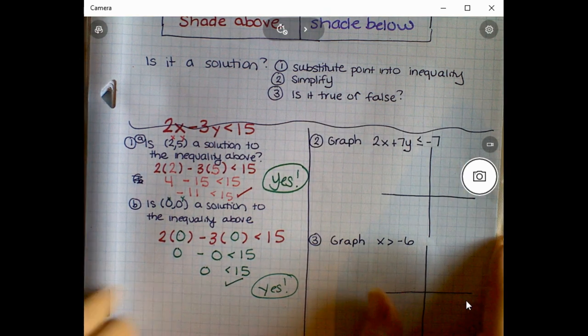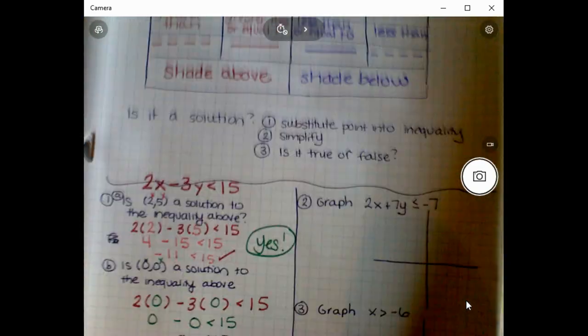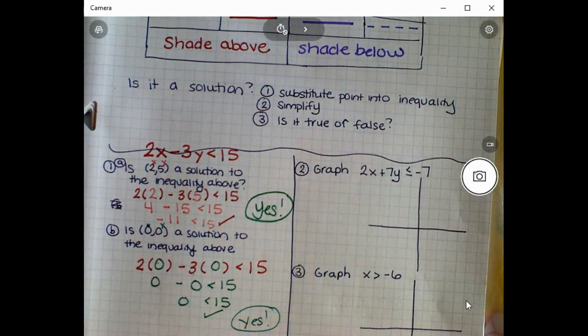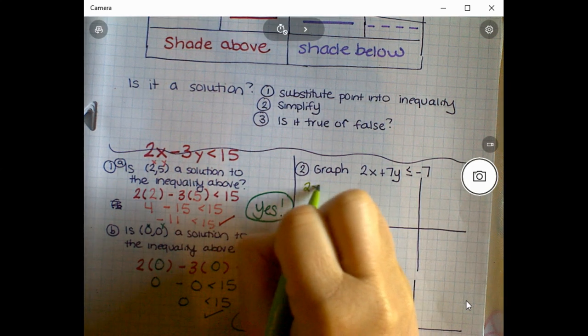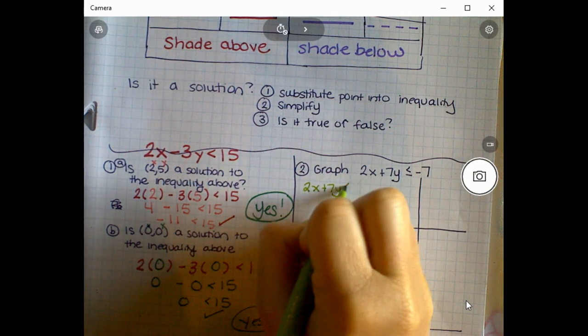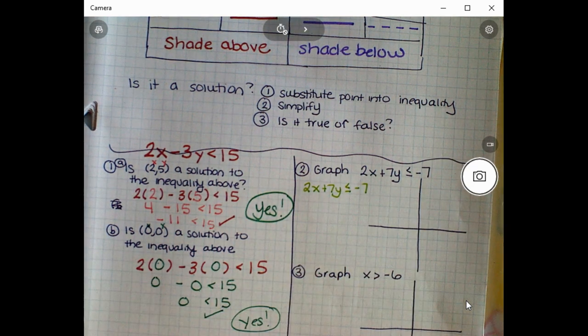Let's look at how to actually graph this ourselves. Like a linear equation, a linear inequality needs to be graphed by putting it into y equals form, slope-intercept form. So right now our equation is in standard form, and we're going to put it into slope-intercept form.